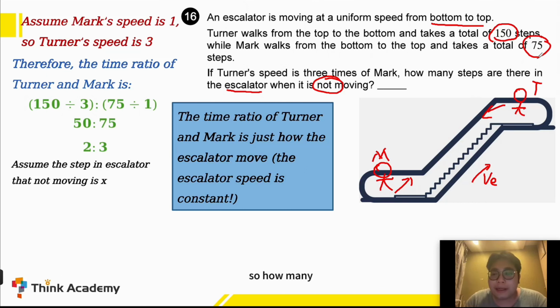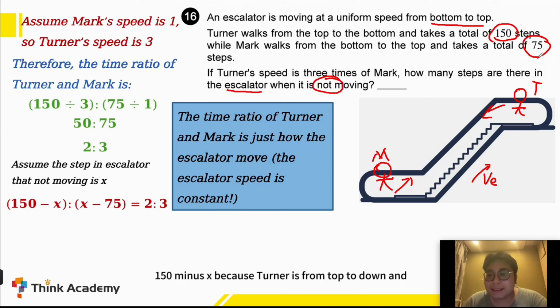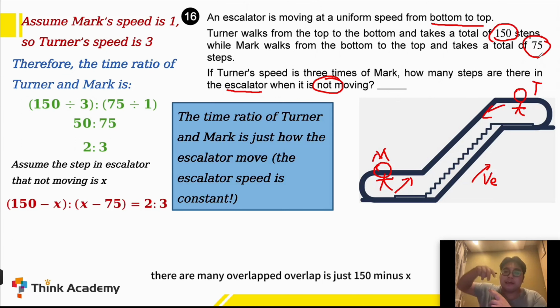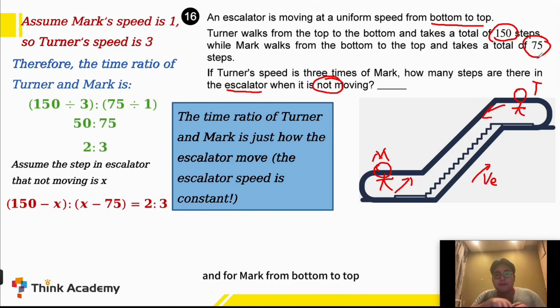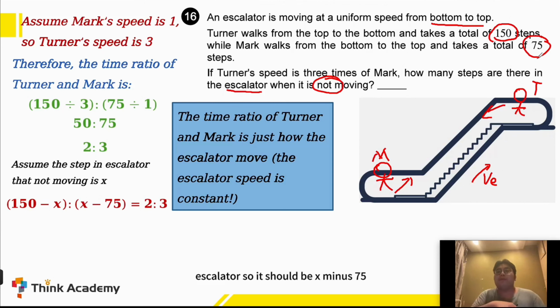So how many steps does Mark run and how many steps does Turner run? For Turner, 150 minus x, because Turner is going top to down and there is a lot of overlap. The overlap is just 150 minus x. And for Mark, from bottom to top, he doesn't need to run all the steps on the escalator, so it should be x minus 75.